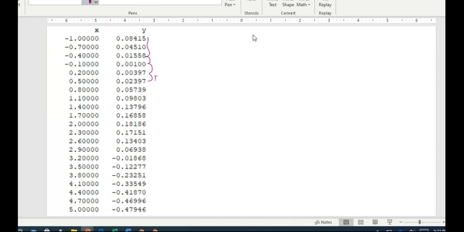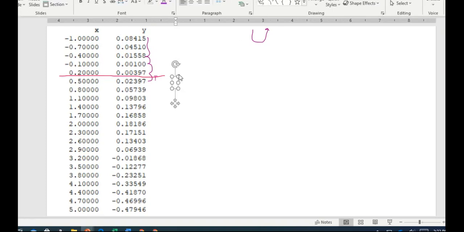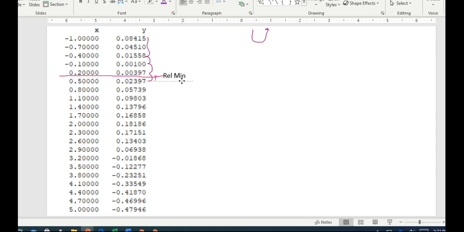So if you can picture it, if the graph is decreasing and then increasing, that means there is going to be a relative minimum right here. It is not going to be a distinct point like in number 1 because the numbers don't mirror over that point. But that does give us a relative minimum.